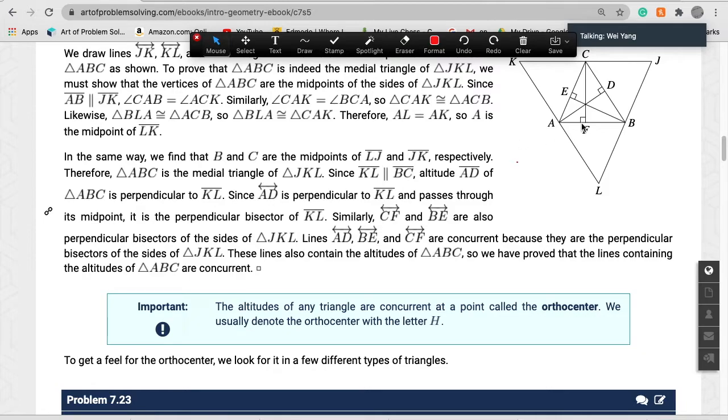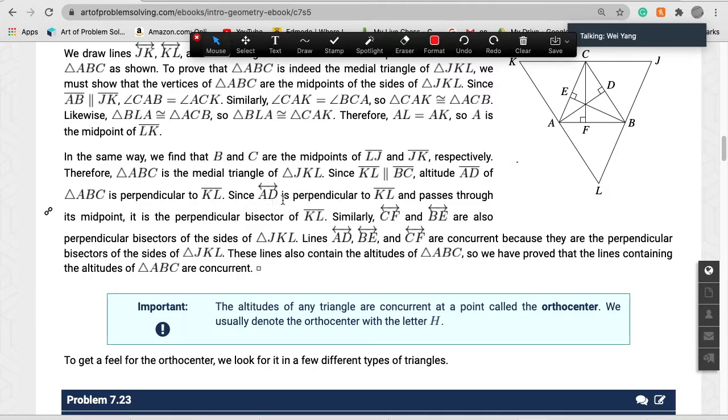Then you can also get BE is also perpendicular to LJ, because BE is perpendicular to AC and AC is parallel with LJ. Same thing for AD: AD is also perpendicular to KL, and CF is also perpendicular to KJ. Then they are perpendicular to all these three sides of the triangle.